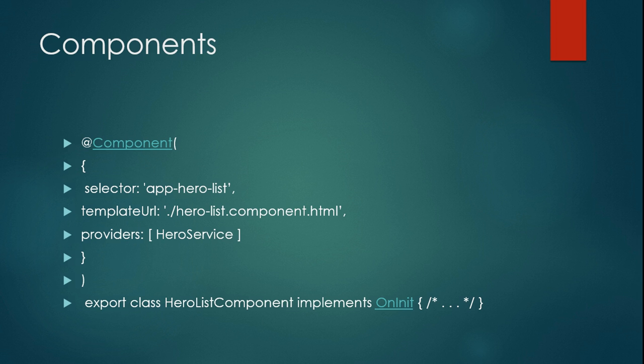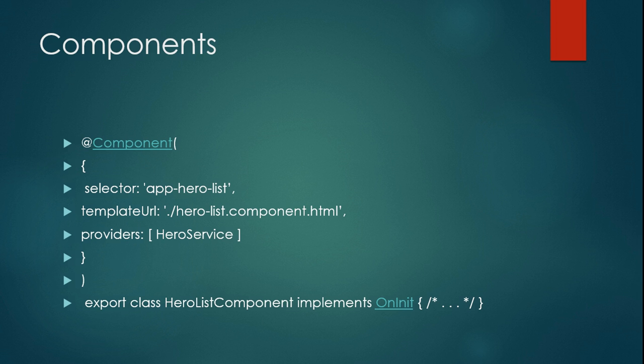So we refer to this component in an HTML page by its selector name. When referred with the selector name, it inserts this HTML in the parent HTML, and that HTML we call a view, and that view is associated with the component.